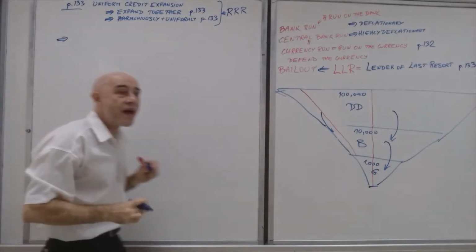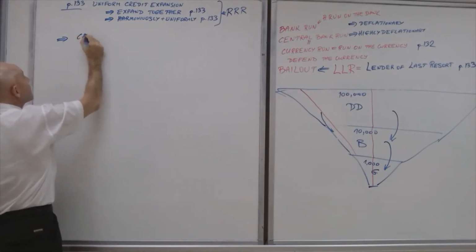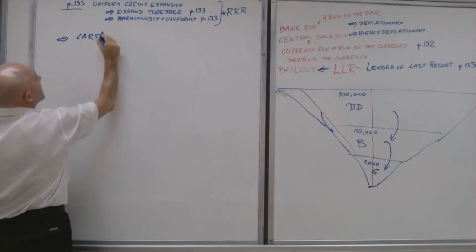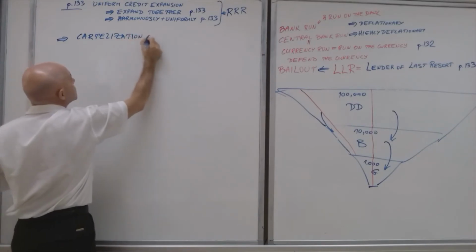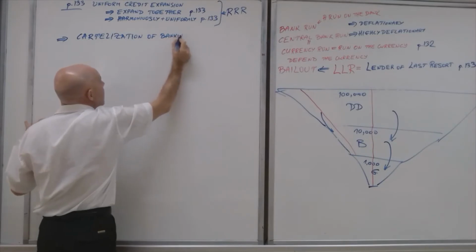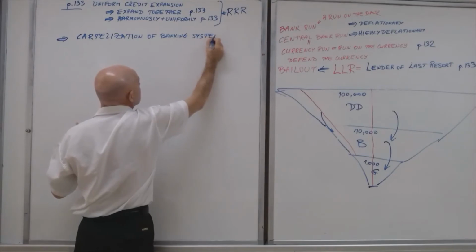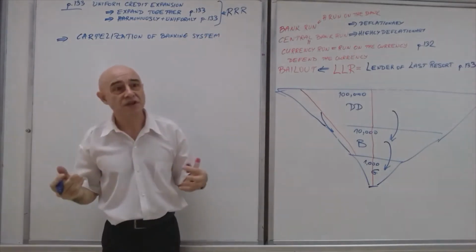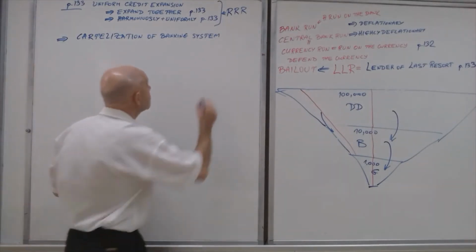One of the main functions of the central bank was cartelization of the banking system. In other words, one of the main purposes of the central bank was to cartelize. That's page 134.